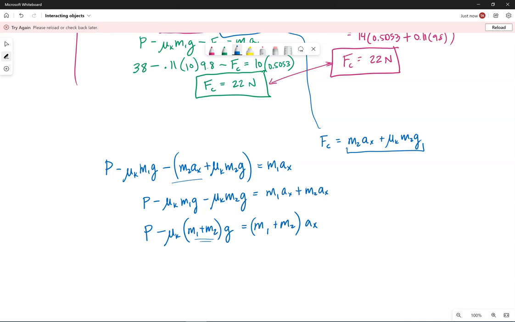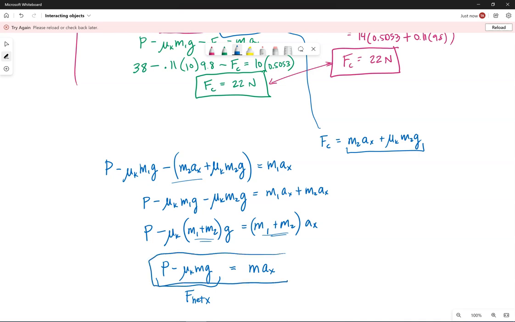Do you remember how earlier we said, let's just pretend we have one box with a mass of 24 kilograms? This is the equation we came up with that represented the net force on that one box in the x direction. And we said that had to equal the total mass, that 24 kilograms, times the acceleration.